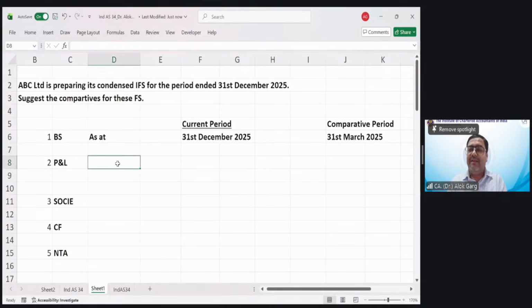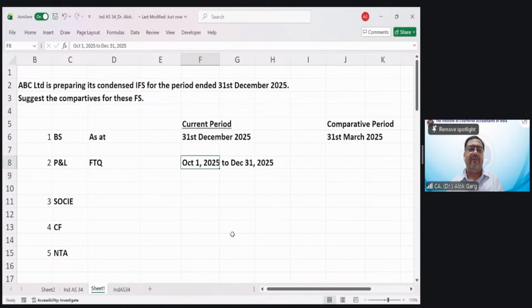What about P&L? P&L has to be prepared for the quarter, right? Which quarter? Starting from October 1, 2025 to December 31st, 2025. What is the comparative quarter?